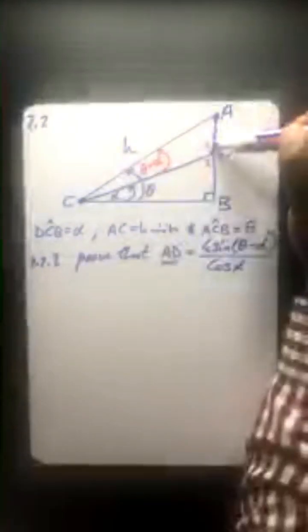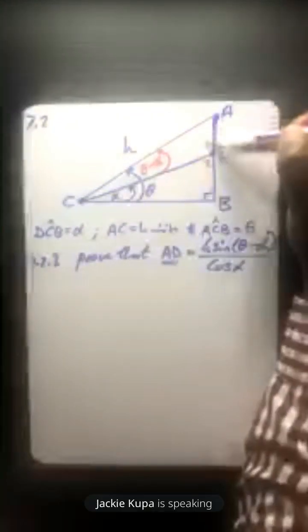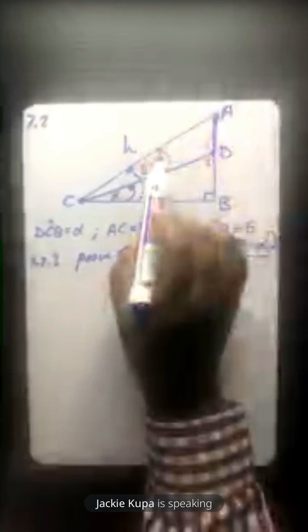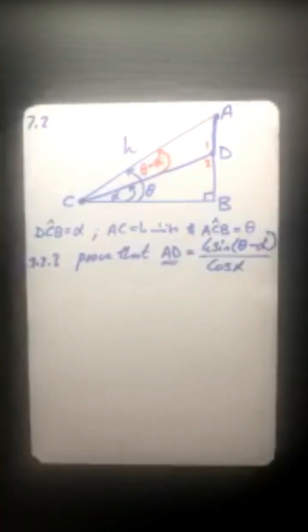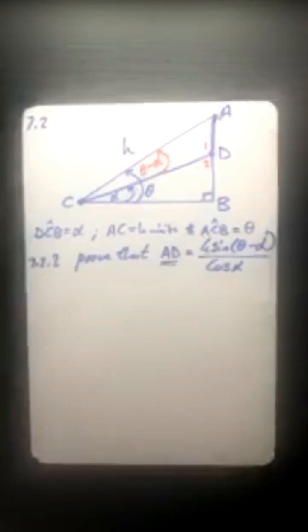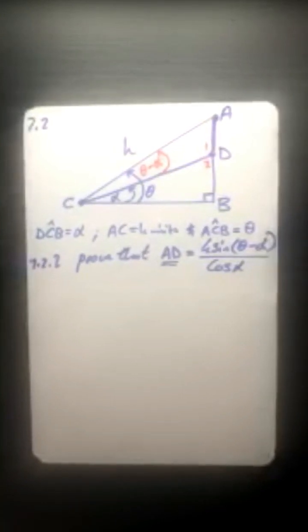Jackie can't hear me. Maybe Jackie, did you try to leave and rejoin? I'm suspecting all is clear on my side. Leslie, can you hear me? Can you hear me, guys? Or am I breaking?